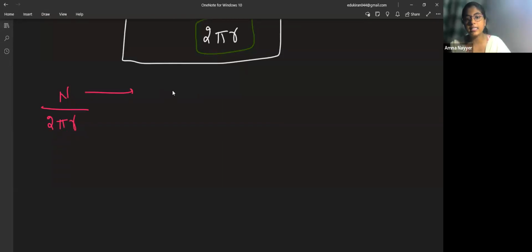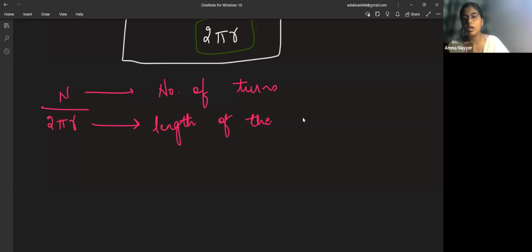What is N? N is the number of turns. And what is 2 pi R? 2 pi R is actually the length of the toroid, right? So this is the length of the toroid. Number of turns and length. Earlier, when it was a straight solenoid, we just had the length as L. Now it is in the form of a circle. So this is what we are writing. So how do we write number of turns per unit length?